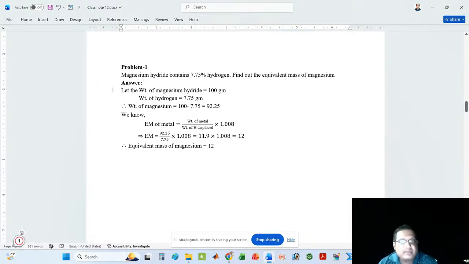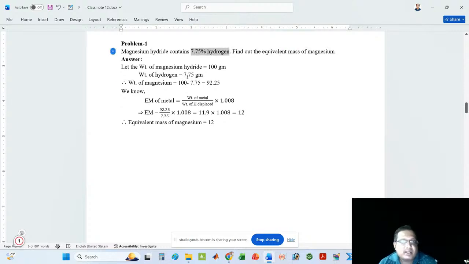That means if I take the weight of magnesium hydride as 100 gram, then weight of hydrogen is 7.75 gram, because 7.75% of hydrogen is given. After getting the weight of hydrogen and weight of magnesium hydride, I can find weight of magnesium is equal to 100 minus 7.75. After subtraction, I find 92.25. So here I can say that weight of magnesium is equal to 92.25.